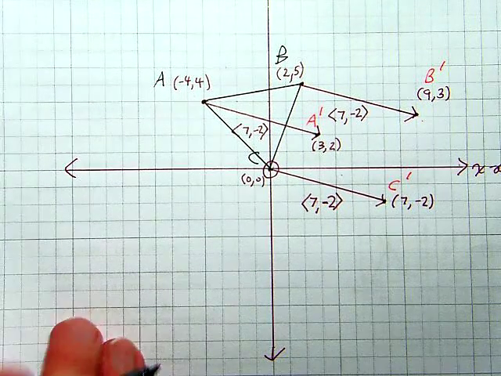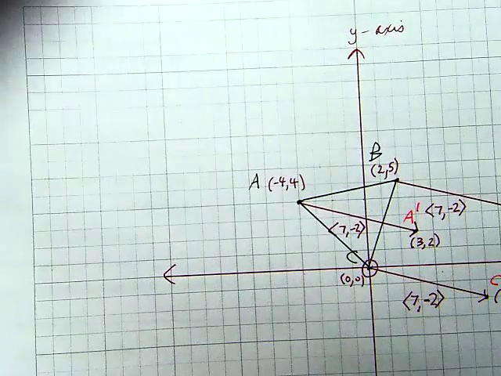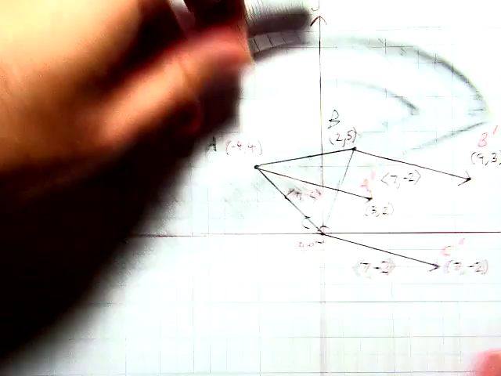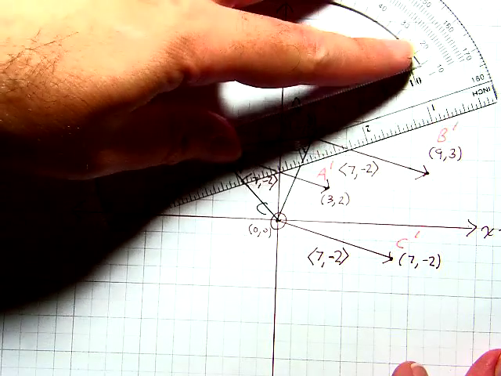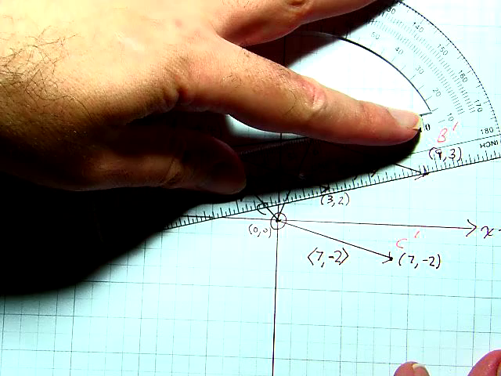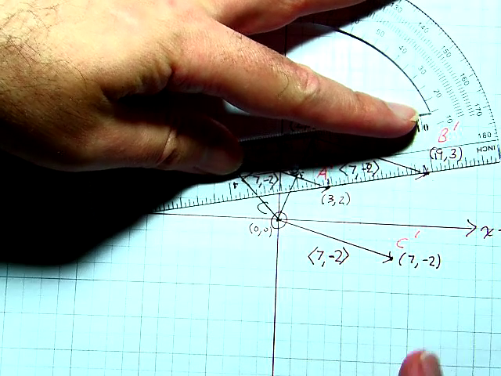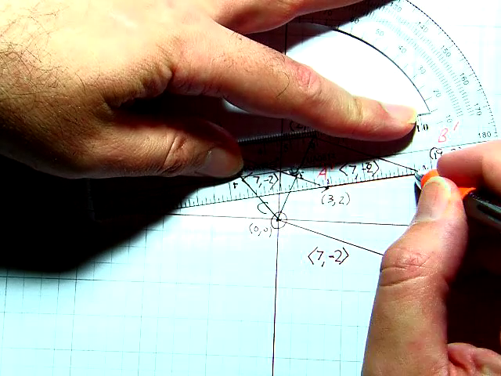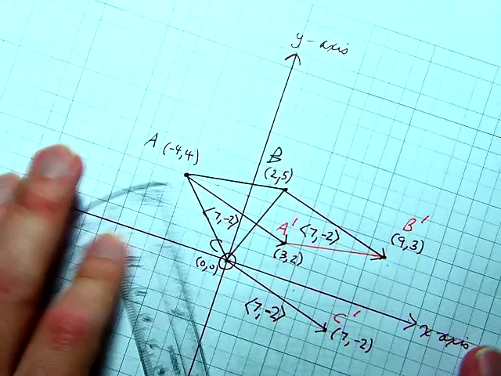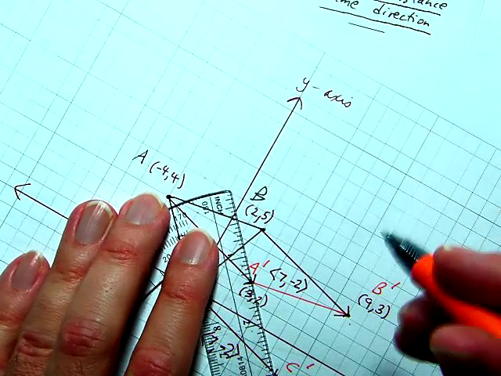So if we go ahead now and create our triangle A prime, B prime, C prime, we will have the triangle that results from the transformation. Let's join these points to create sides, and let's see our triangle.